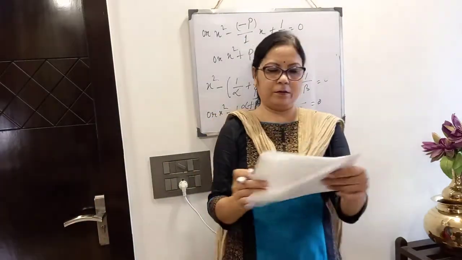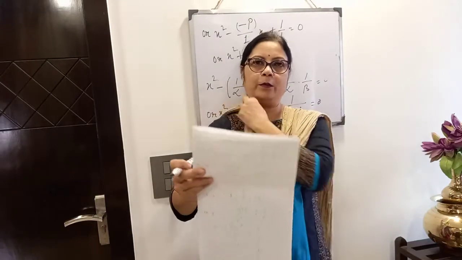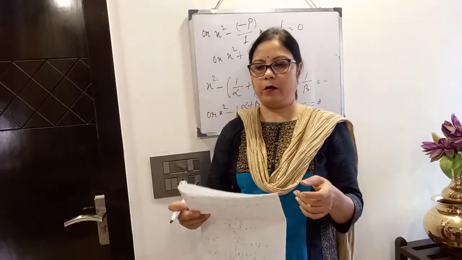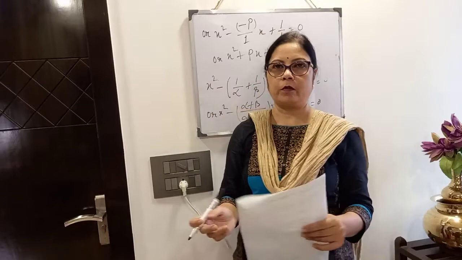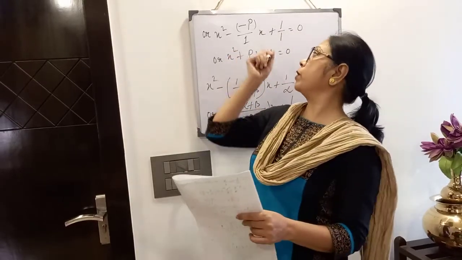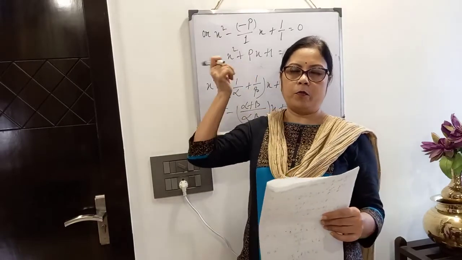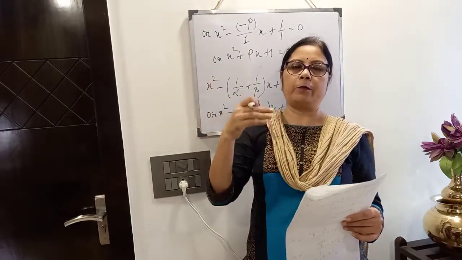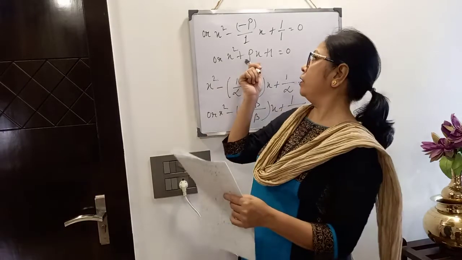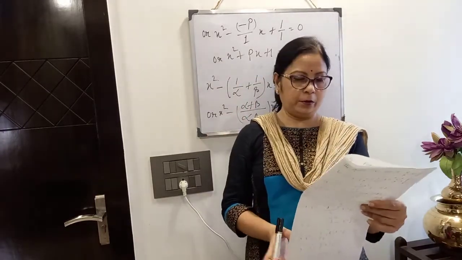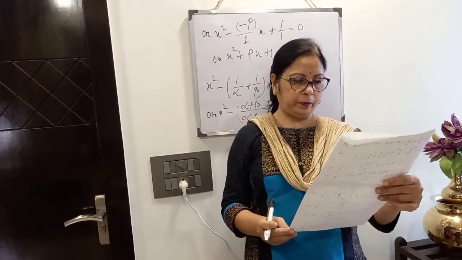So one interesting part is that when the roots are reciprocal, we are getting the same equation. The given equation was x square plus px plus 1 equal to 0. And we have formed the other equation whose roots are reciprocal of the previous equation. Again, same equation we are getting. Clear? Now next one.